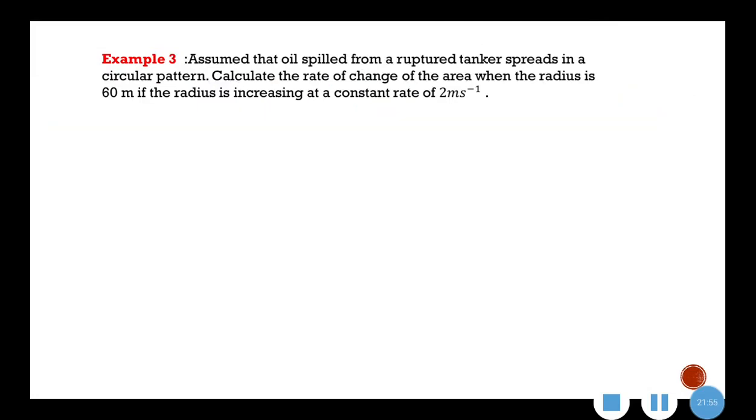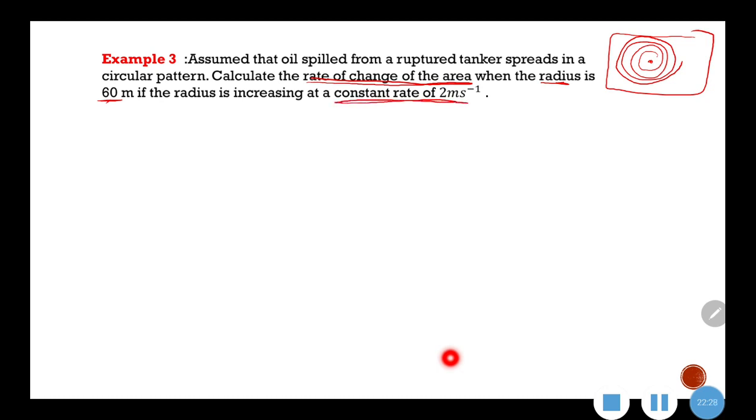Example 3 tells us to assume that oil spilling from a ruptured tanker spreads in a circular pattern. Calculate the rate of change of the area when the radius is 60 meters, if the radius is increasing at a constant rate of 2 meters per second.